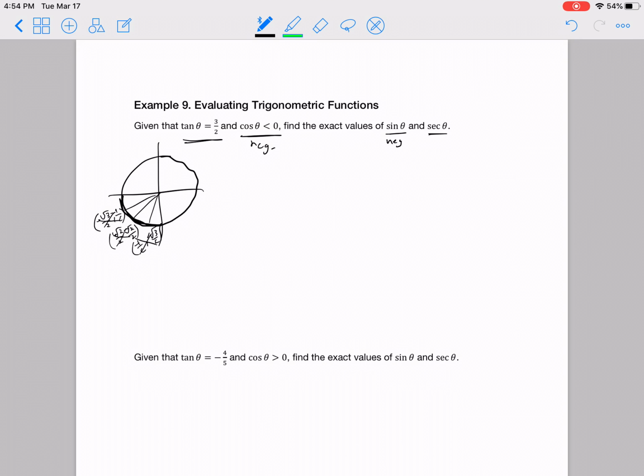So if I had a bigger circle, some other circle, and inside of it I drew a triangle starting here from the middle, this is not the unit circle, and I said that this was r, and this is going to be my y value, that's 3, and that's 2, the x value, because remember, tangent is y over x, so we can just say that y is 3 and x is 2. This gives me a new right triangle I can look at.